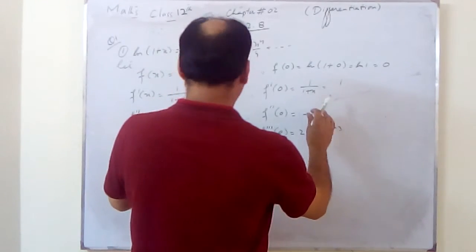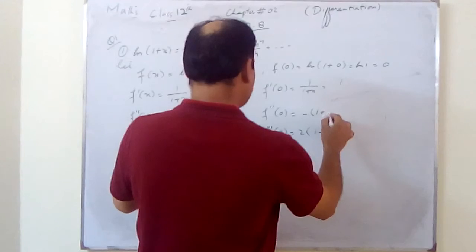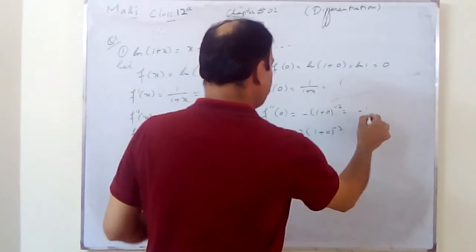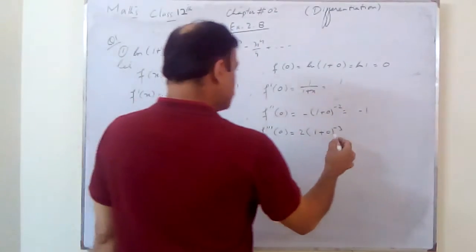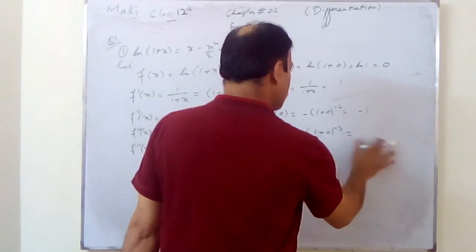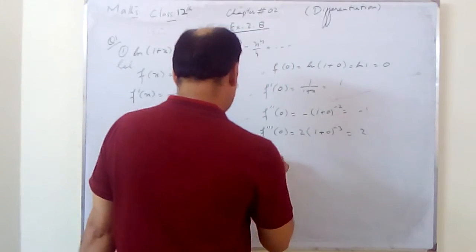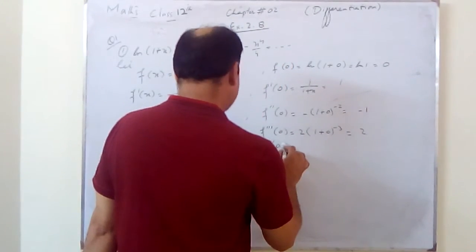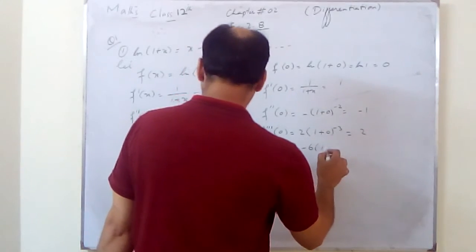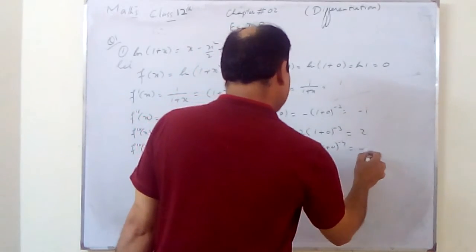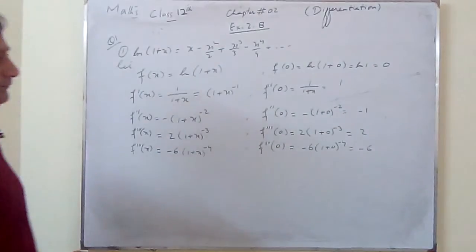You may write it like this, otherwise there is no need, but I am writing it for you people to know it better. Fourth, minus 6 into 1 plus 0 power minus 4, that is minus 6, and it goes on.